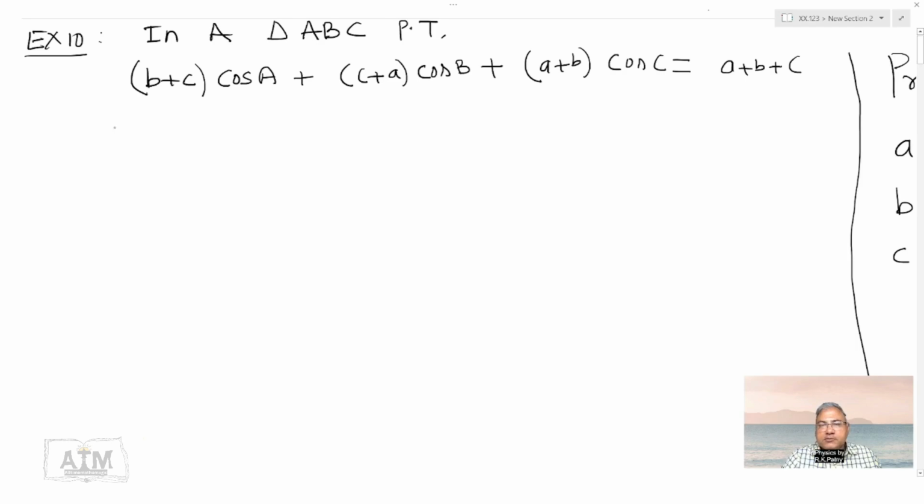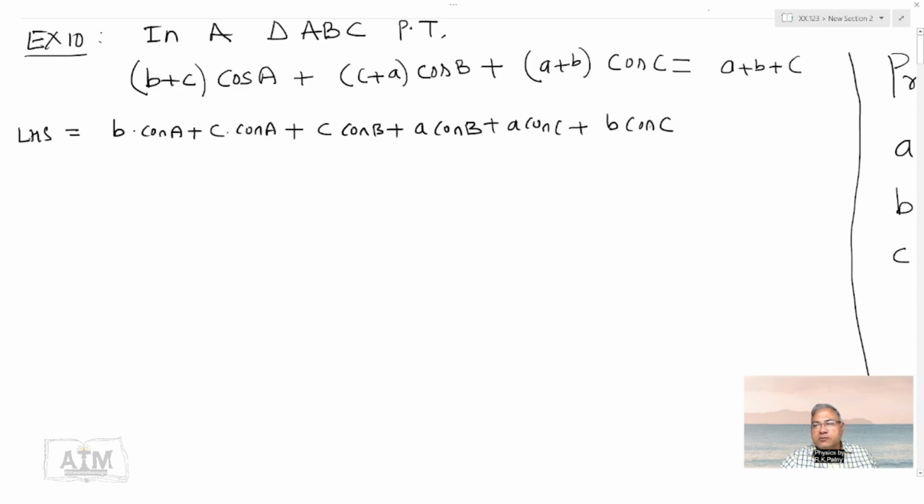So open the brackets, that is LHS equals b cos A plus c cos A plus c cos B plus a cos B plus a cos C plus b cos C. Now making the pairs, so we are going to write here first b cos C, this I have written here, then c cos B, this one.